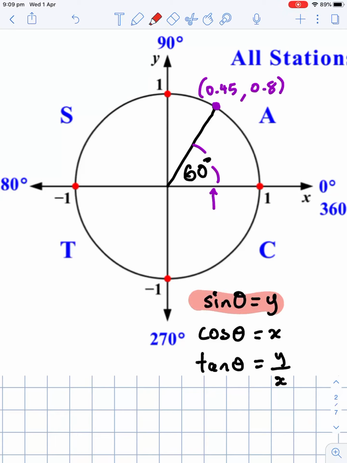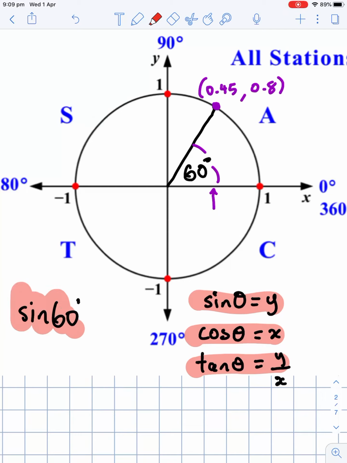These formulas help you find things like, let's start with sine, sine of this 60 degrees that I've got here. Without using a calculator, we can use this unit circle to figure out things like sine 60. It's really important that we're not just relying on calculators. This is the sort of stuff they would have done before calculators were around.